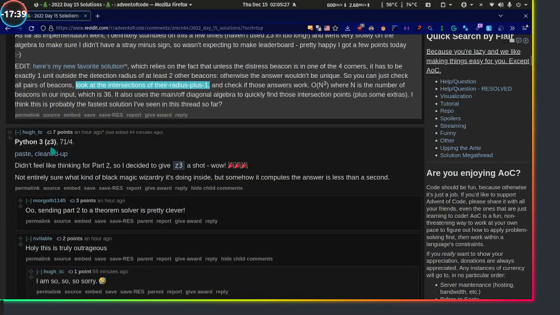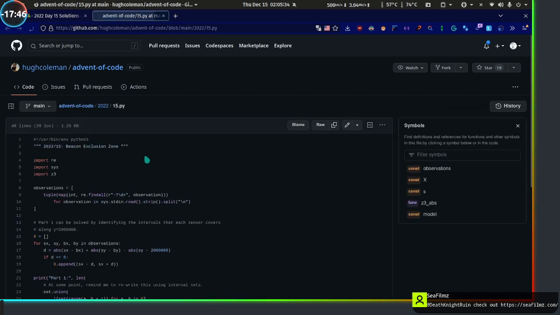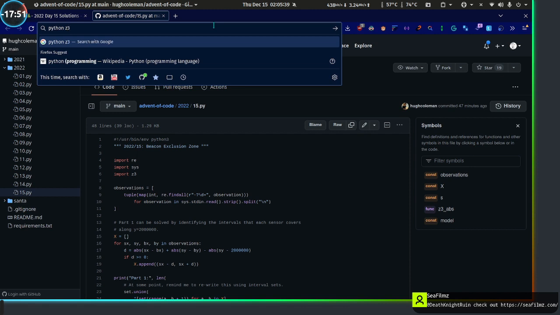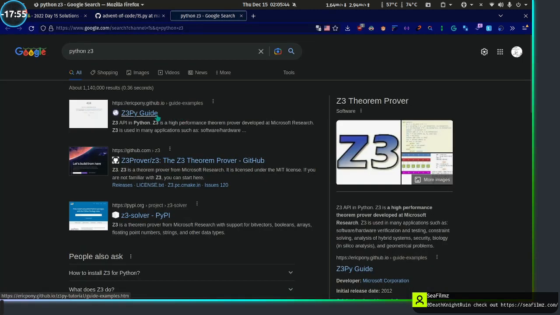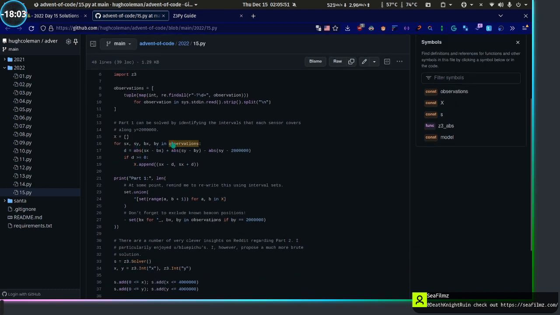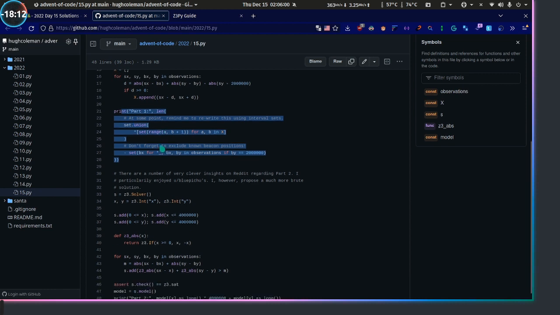Python again. Z3. What's Z3? Is this some hip new library? What's Z3? High performance theorem prover. What the hell? Observations. Okay, so you load all the things, you do a set union. Okay, wow. Python people.